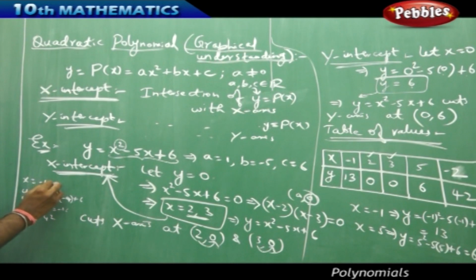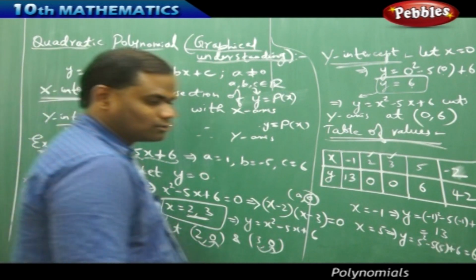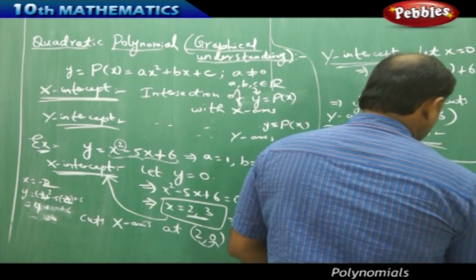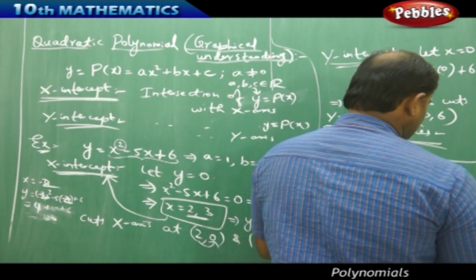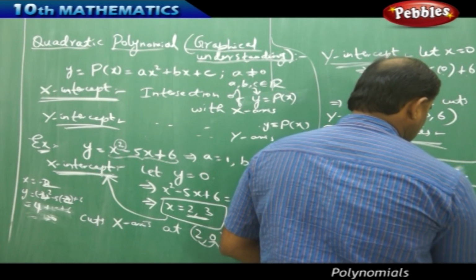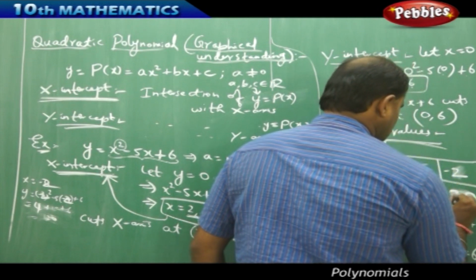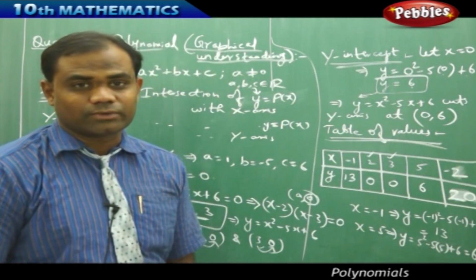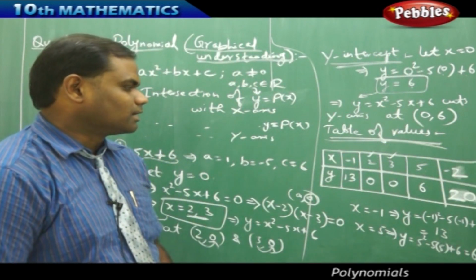When x equal to -2, this is (-2) squared minus 5 times (-2) plus 6, which gives 4 plus 10 plus 6, which is 20. This is what I get for x equal to -2.